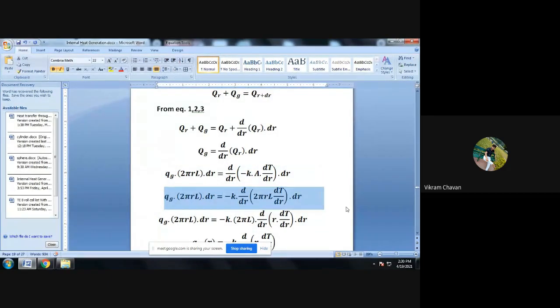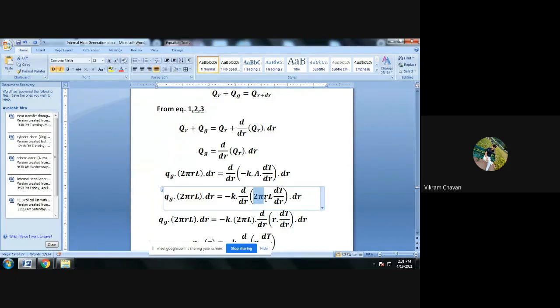Write down the equation: q suffix G multiplied by 2 pi RL multiplied by dr is equal to minus K multiplied by the differentiation with respect to R of the bracket, 2 pi RL multiplied by dt divided by dr, multiplied by dr. Now next we take the common 2 pi L out of the bracket, because these are constants.